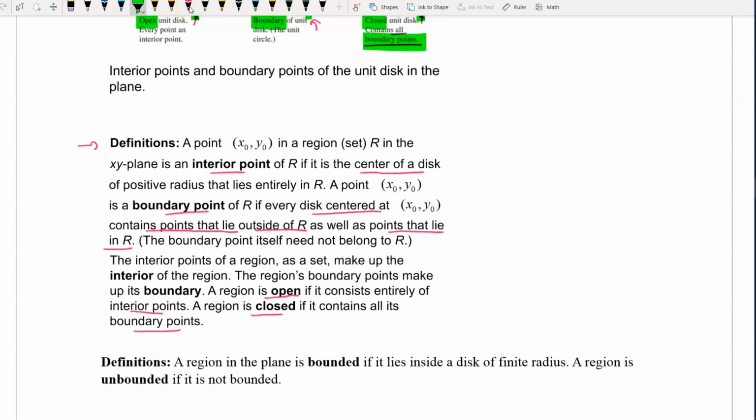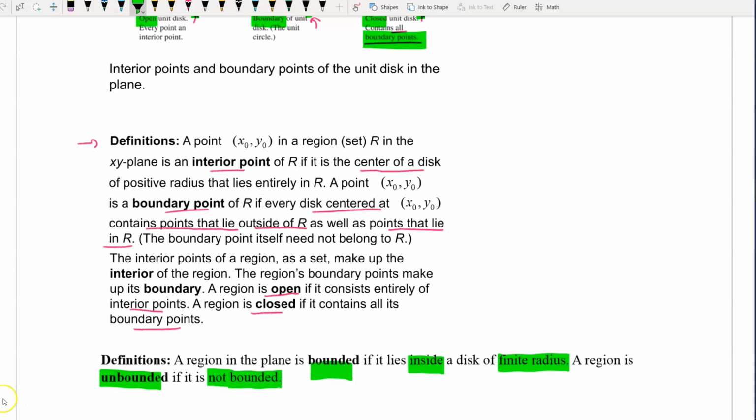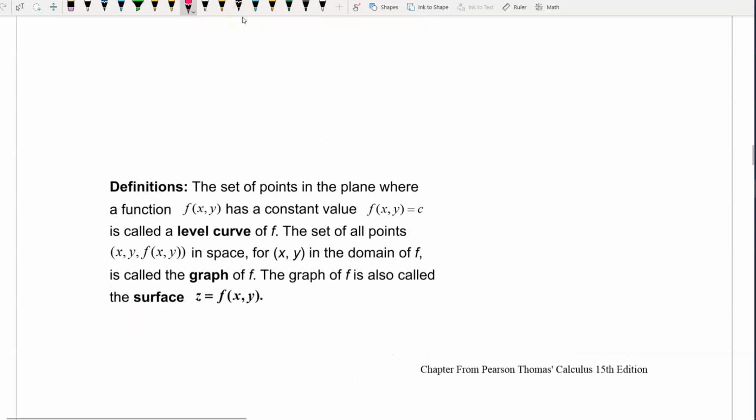A region in the plane is bounded if it lies inside a disk of finite radius, and a region is unbounded if it is not bounded. Here we have another definition: the set of points in the plane where a function f of x, y has a constant value equal to c, so c for a constant, is called a level curve of f.